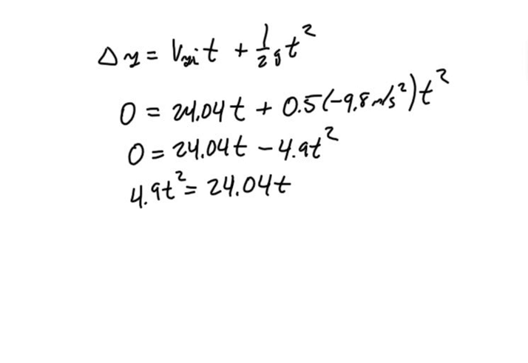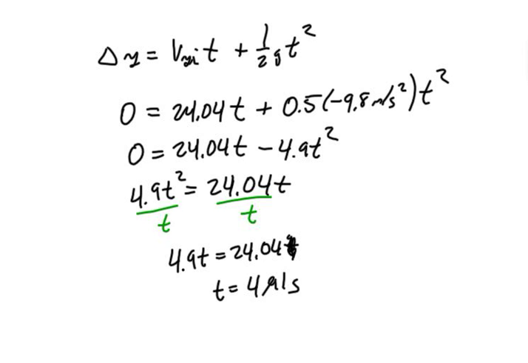But what I can actually do at this point is divide each side by t. And so what I'll end up with is 4.9 t equals 24.04. The t canceled. So now I solve for t, so t is going to equal 24.04 divided by 4.9. He's going to be in the air for 4.91 seconds.